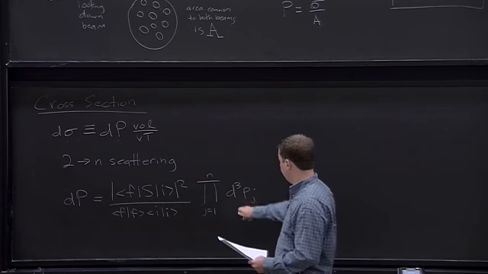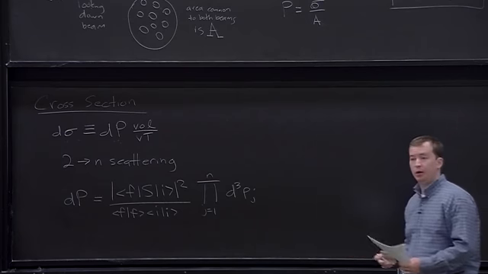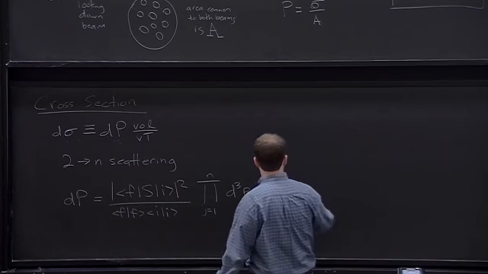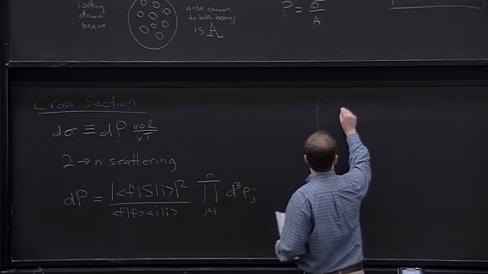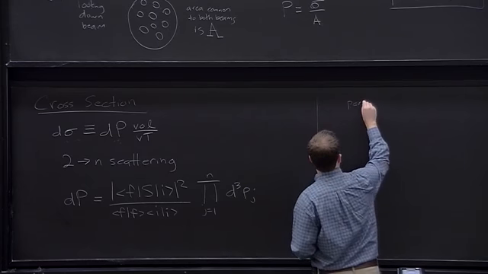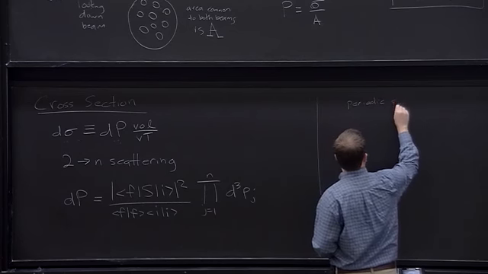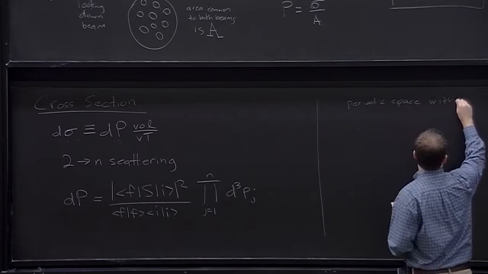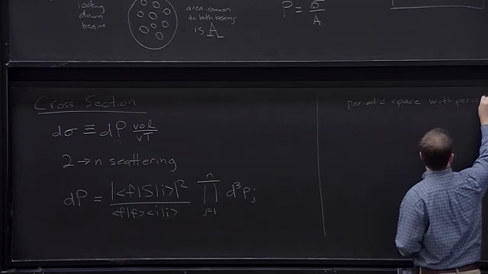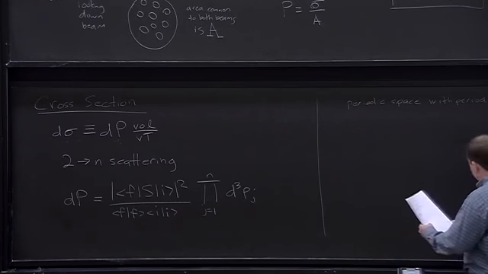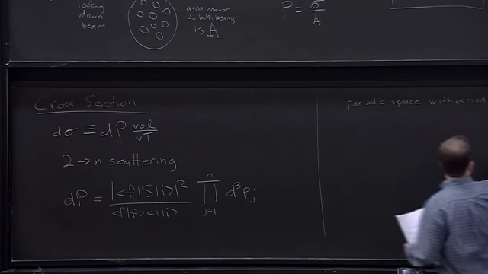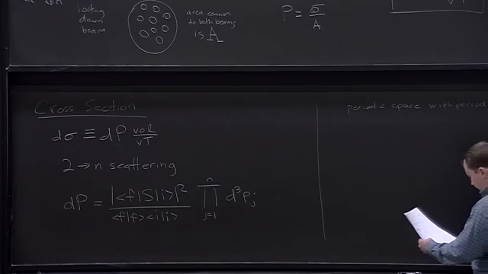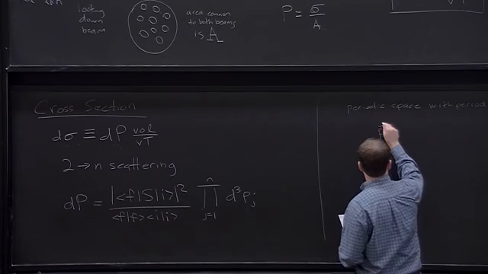And we can understand the normalization by compactifying our space. So if we compactify our space in a periodic space, with period L, then the volume is L cubed, and the momenta will be quantized.